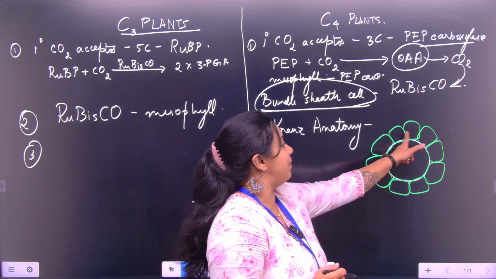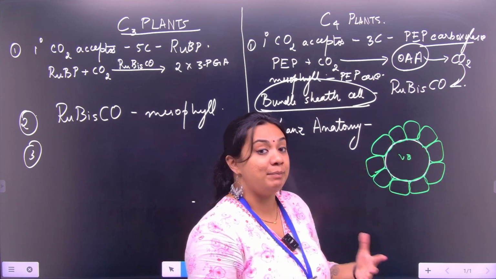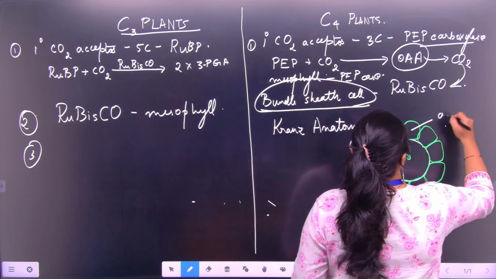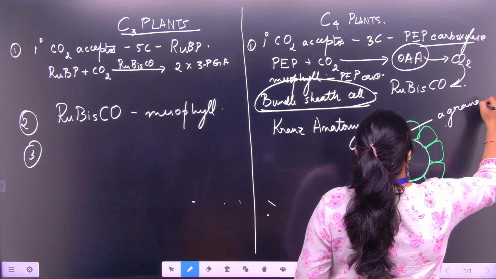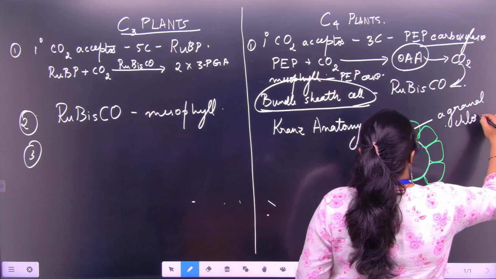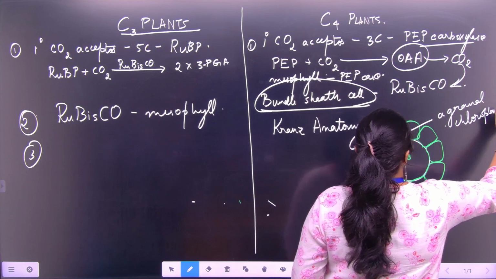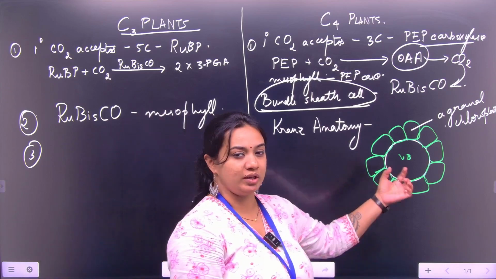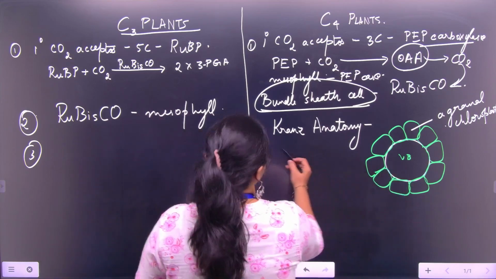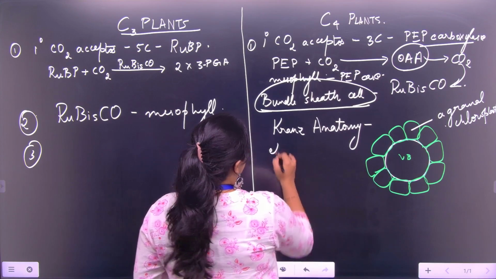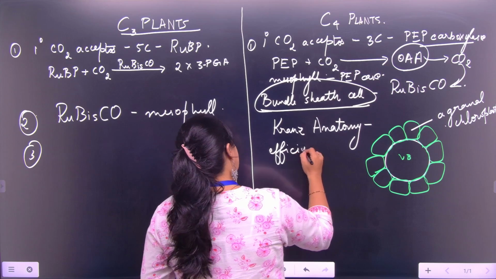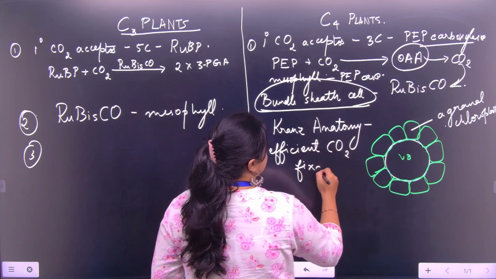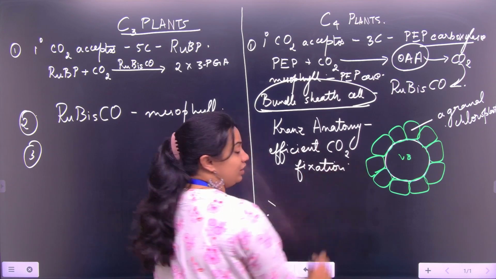And these bundle sheath cells happen to have agranal chloroplasts, which means they do not have grana, rather very few grana are present. So Kranz anatomy is a special kind of anatomy which enables efficient carbon dioxide fixation.